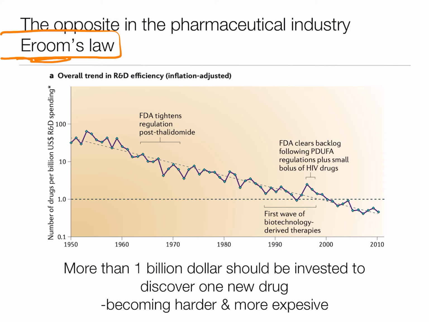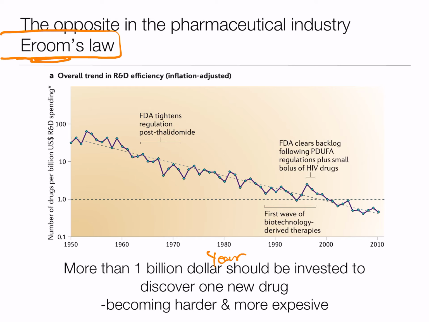So this plot shows, on the y-axis, the number of drugs per billion US dollars of R&D spending, and the x-axis is the year. As time goes, the number of drugs per $1 billion of R&D spending is decreasing.